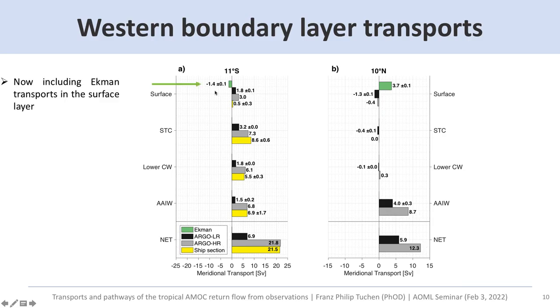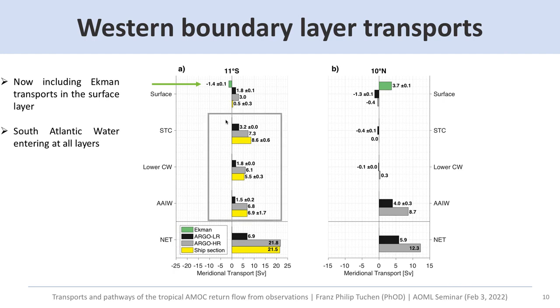And we added an Ekman transport in the surface layer, which we only applied to the Argo data, because the ship-based measurements, they assume to include this Ekman component already. And for the upper part of the ship sections, which is not well covered by ADCP data, we included the mean velocities from surface drifter measurements. So these should also include the Ekman transport component there.